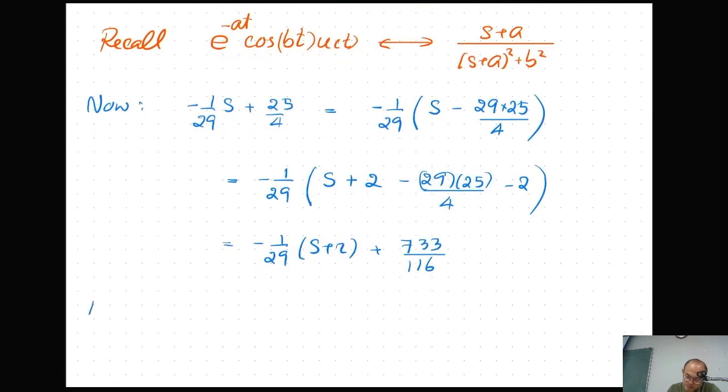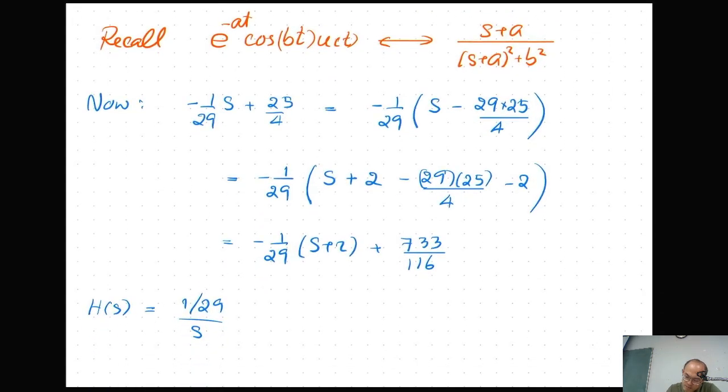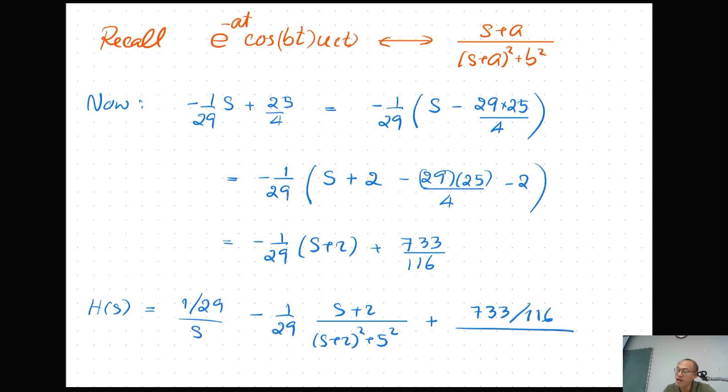So H of S becomes 1 over 29 over S, and then minus 1 over 29 times S plus 2 over S plus 2 squared plus 5 squared, and the last one is plus 733 over 116, I hope my numbers are correct, over S plus 2 squared plus 5 squared.